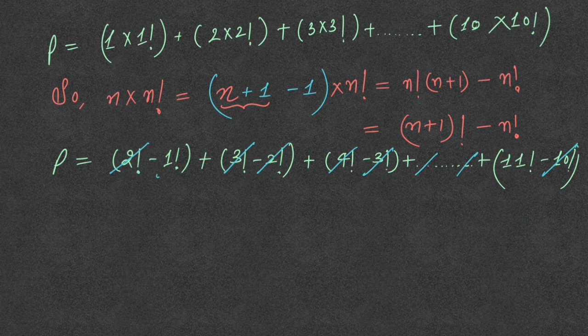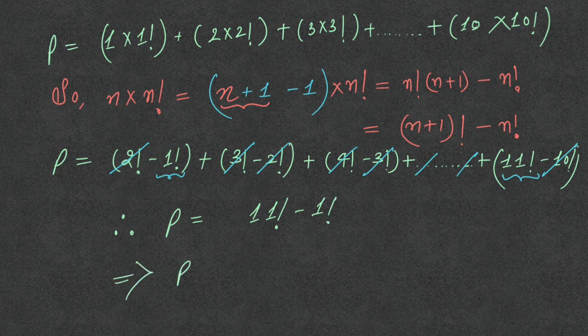So we are left with this minus 1 factorial and 11 factorial. Therefore, p becomes 11 factorial minus 1. And 1 can be written as 1 factorial, which implies p plus 2 becomes 11 factorial plus 1.